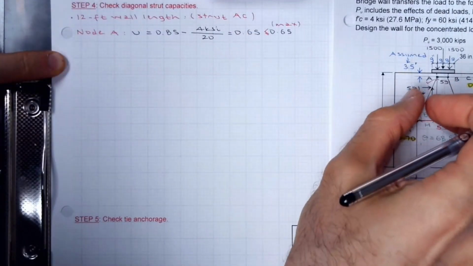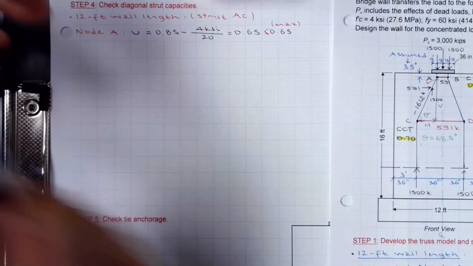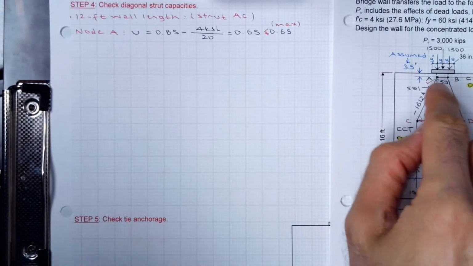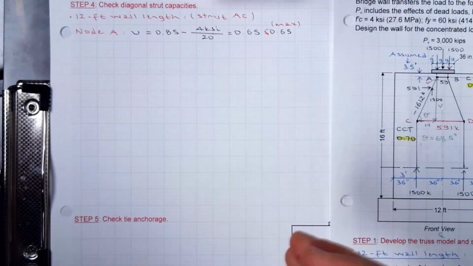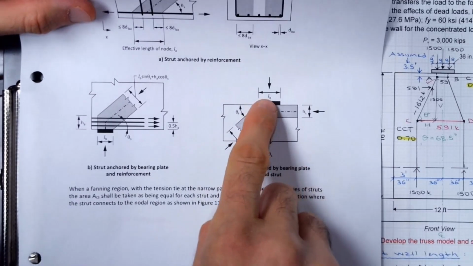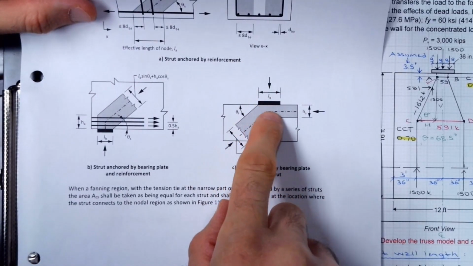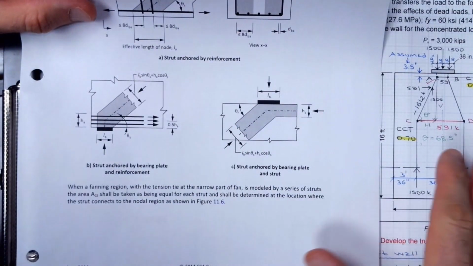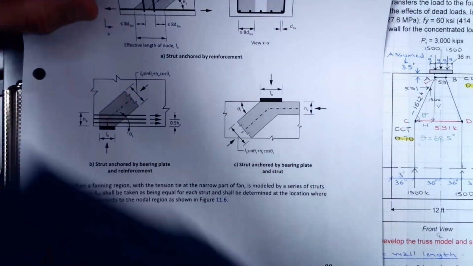I need to determine the width of the diagonal strut. Widths of horizontal or vertical struts are relatively straightforward, but for diagonal struts you need to use some handouts, which I also distribute in my classes. Here the situation is this one. You have the load applied from the top, you have a horizontal compressive strut, and this is a diagonal strut. This is exactly what I'm trying to determine.